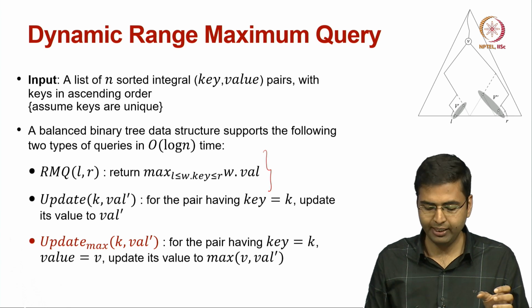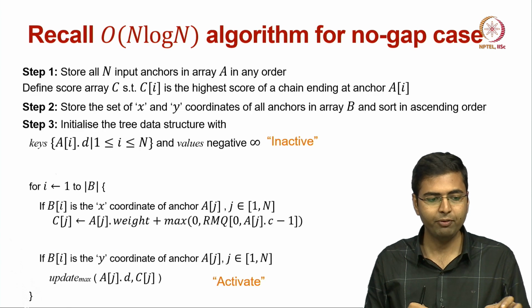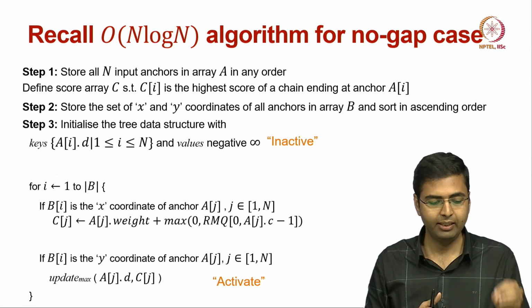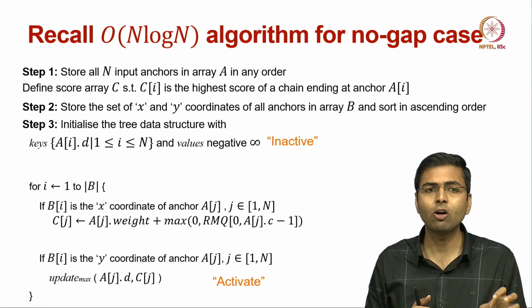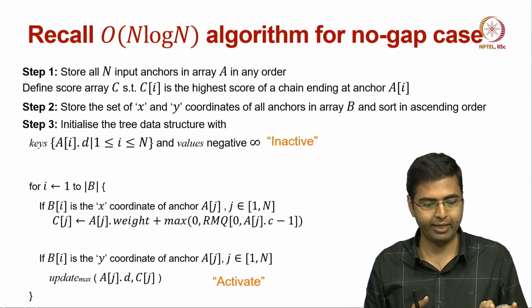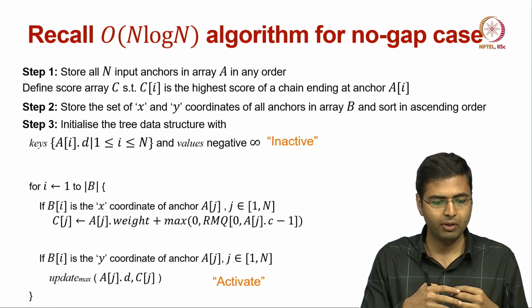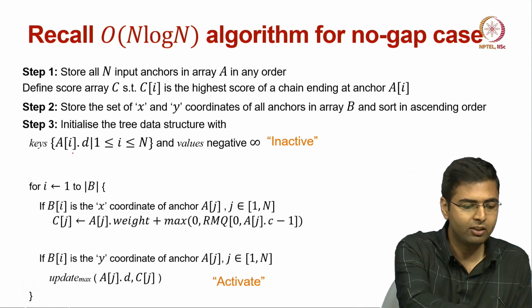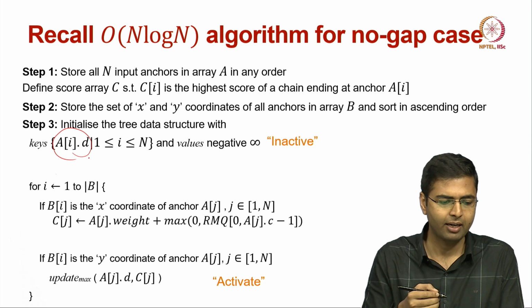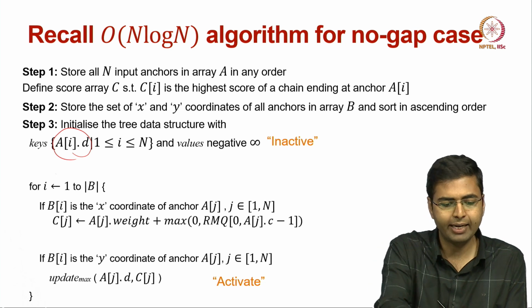So now with these operations, remember that we had optimized the algorithm to n log n using these range maximum query data structures, and this was the algorithm that we had for the no gap case, where we initialize a tree with the d coordinates of the anchors, and we initially put the values as negative infinity.